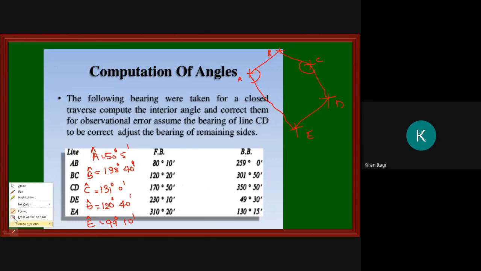Check whether angles A, B, C, D and E are correct. From the table you can calculate directly; nothing much complicated is there.